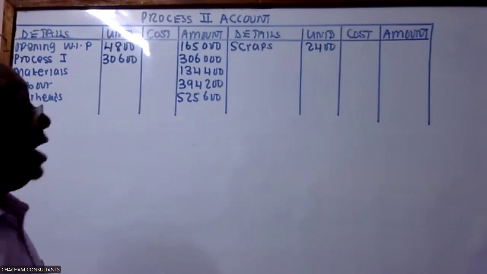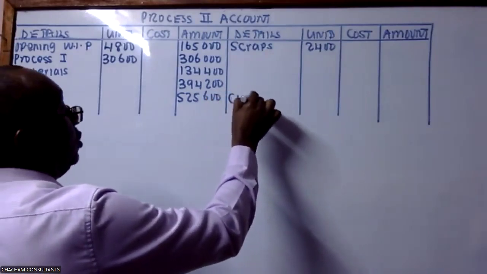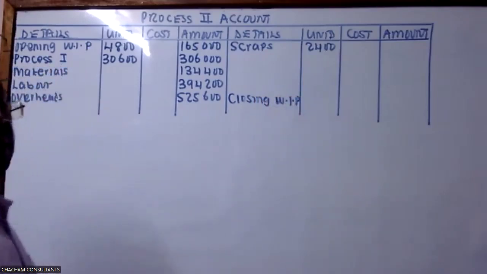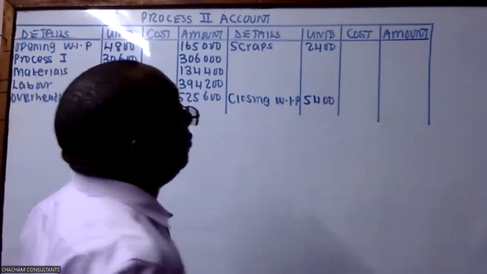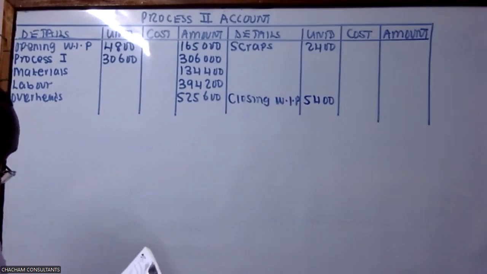So closing stock unaiandika mahali unafikiria account yako itakuja kuishia. So closing work in progress. Some people call it WIP. We are told it is 5,400. And we are given the degrees of completion.